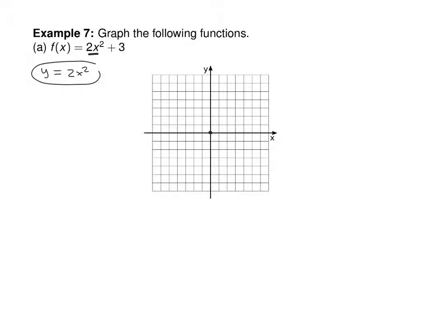If you plug 1 into there, you're going to get 2. And if you plug 2 in, you're going to get 8. Okay. And then your final answer is to move that thing up 3.